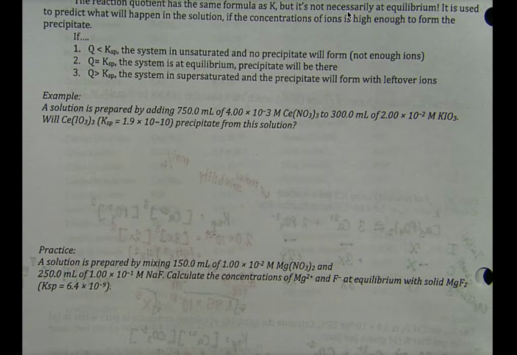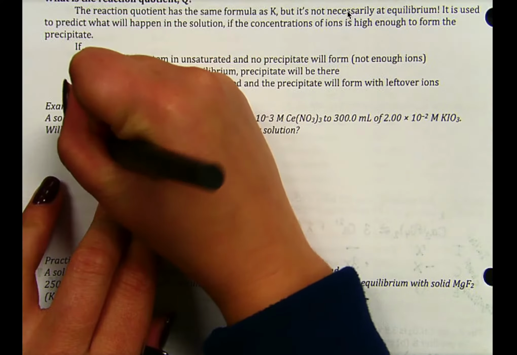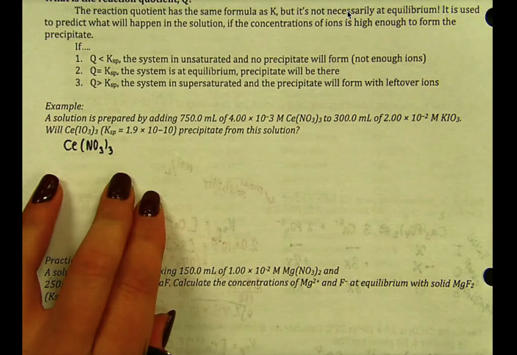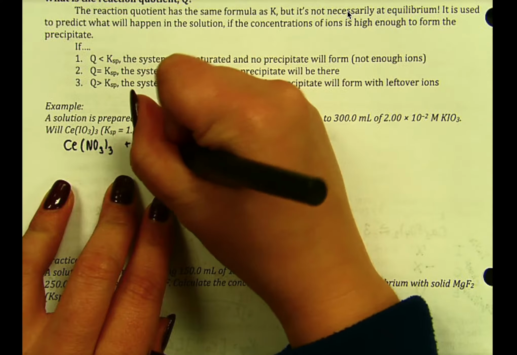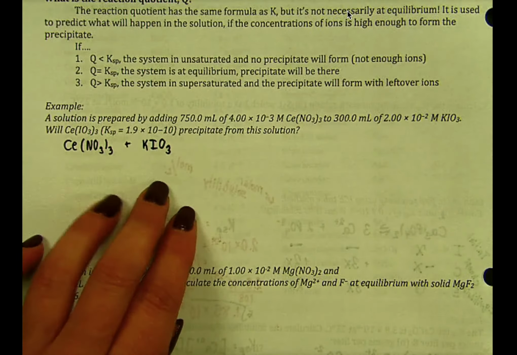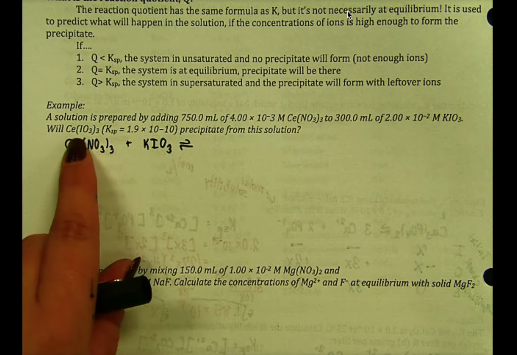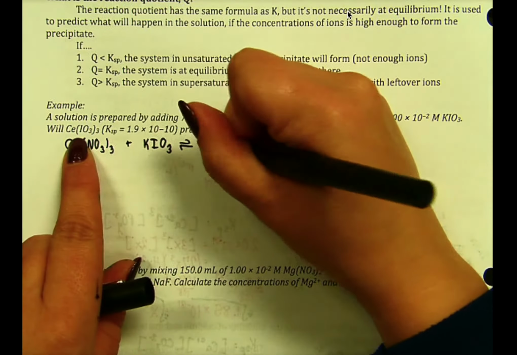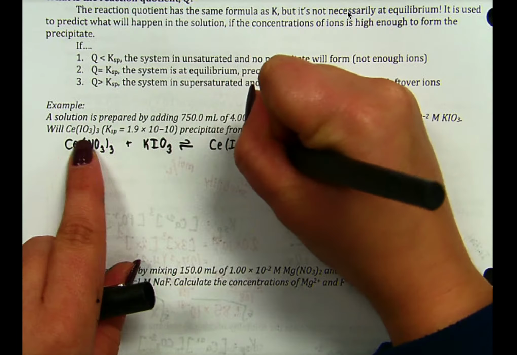So, let's look at what we are given. We have Ce(NO3)3 being mixed with KIO3. And we know the solid precipitate that we're going to get is Ce(IO3)3.